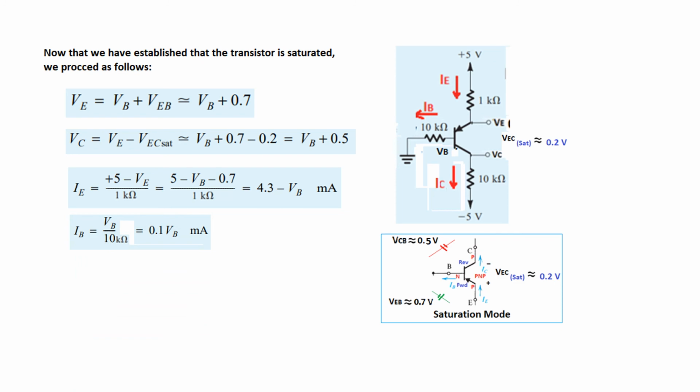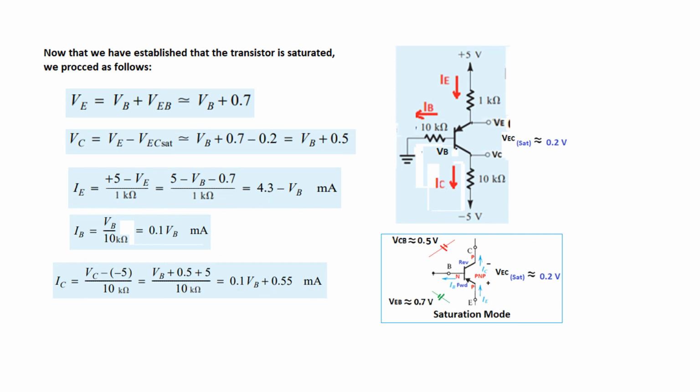And finally IB. IB will be VB divided by this resistance 10K. So VB divided by 10K is 0.1 VB. And finally IC. IC we can also find from here: VC minus 5, and putting in the value of VC from here and solving, we get this term.